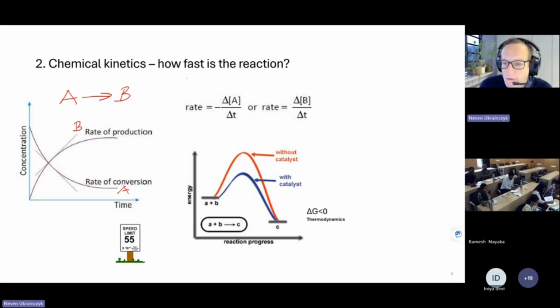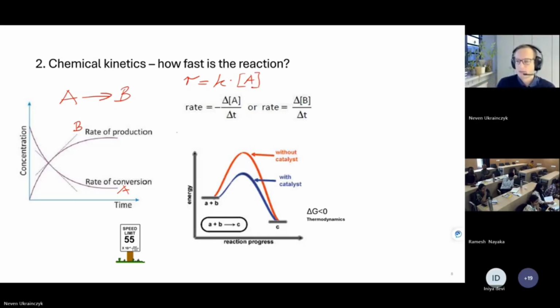And this rate, if it's in a solution, would be k times the concentration of A, for example, if we look at the consumption of A. So the more A you have, the higher the concentration, the higher the rate.